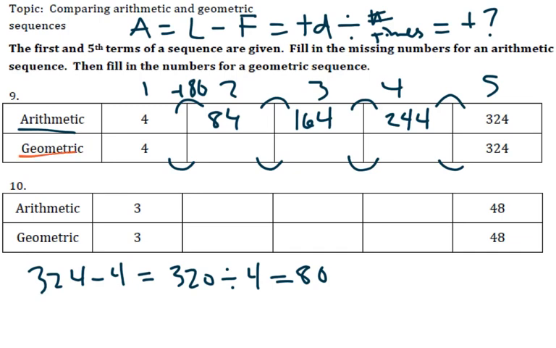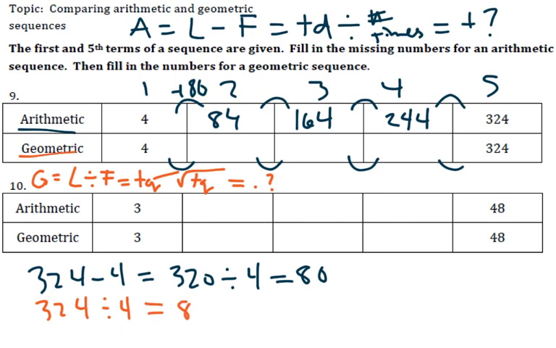Now, for the geometric, remember that the geometric is the last divided by the first. That gives us our total quotient. Then we take the root of that total quotient of how many jumps, right? And that gives us our number we're multiplying by. So I'd go 324 divided by 4 gives me 81.